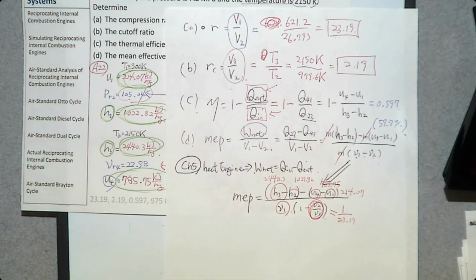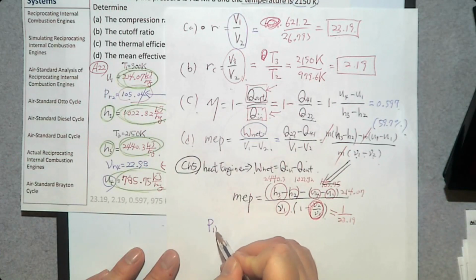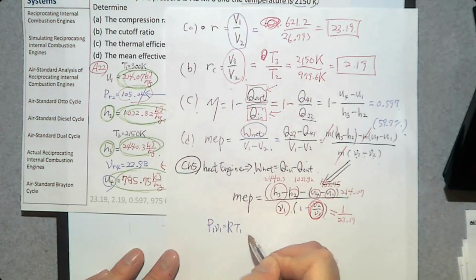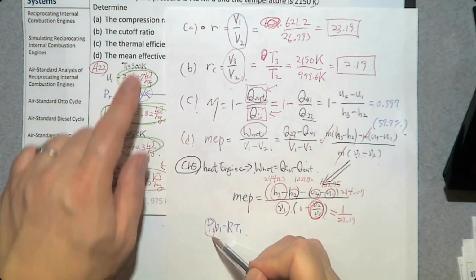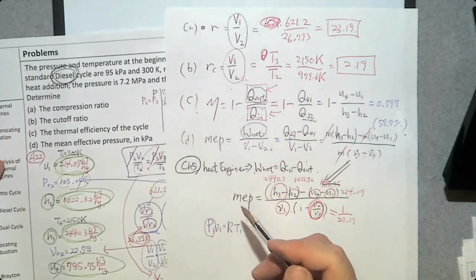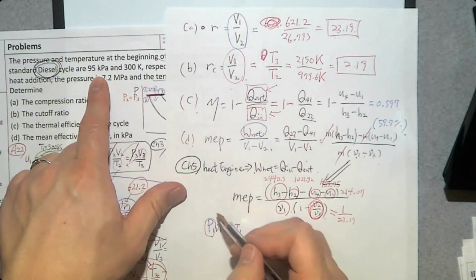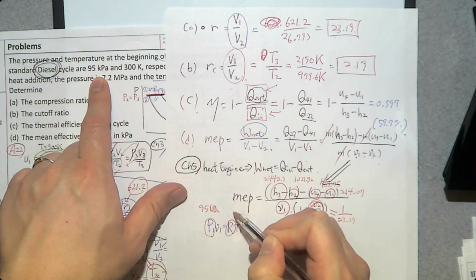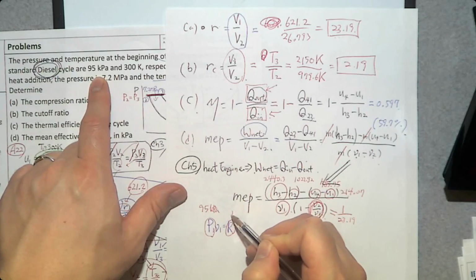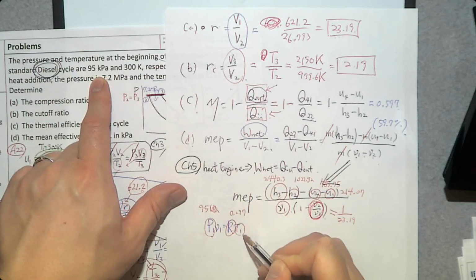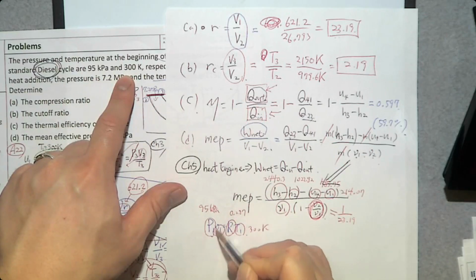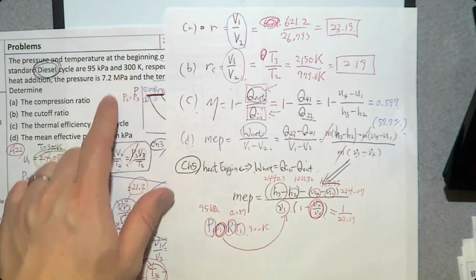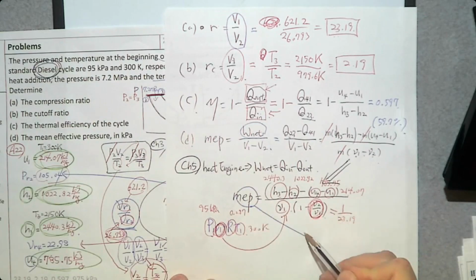What about V1? We can calculate V1 from the ideal gas equation. V1 is RT1 over P1, and P1 is given, 95 kilopascal. R is the gas constant for air, 0.287. T1 is 300 Kelvin. So we get V1 goes here. If you calculate the mean effective pressure, we get 975 kilopascal.